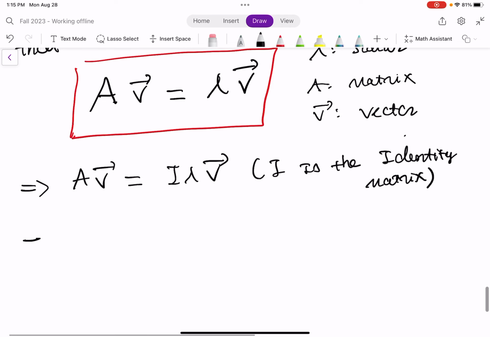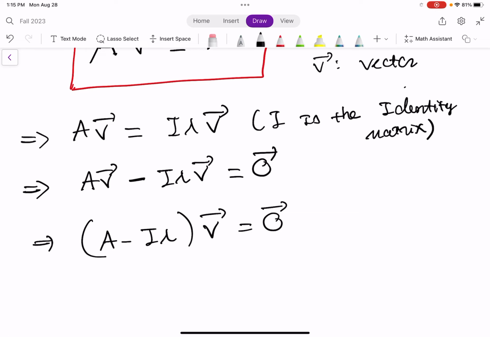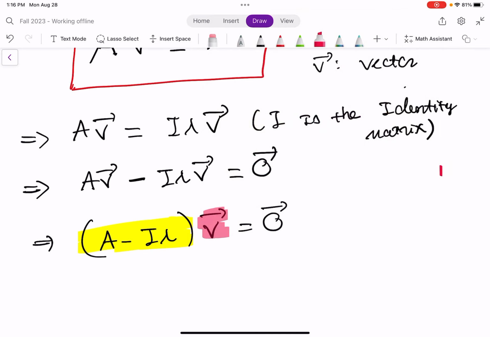So what you're going to write is AV minus I lambda V equals 0. Or in another word, (A minus I lambda) V equals 0. This is a very, very interesting observation right here. What it says is that you have a matrix A minus I lambda, you apply that matrix onto a vector V, and you get a zero vector.